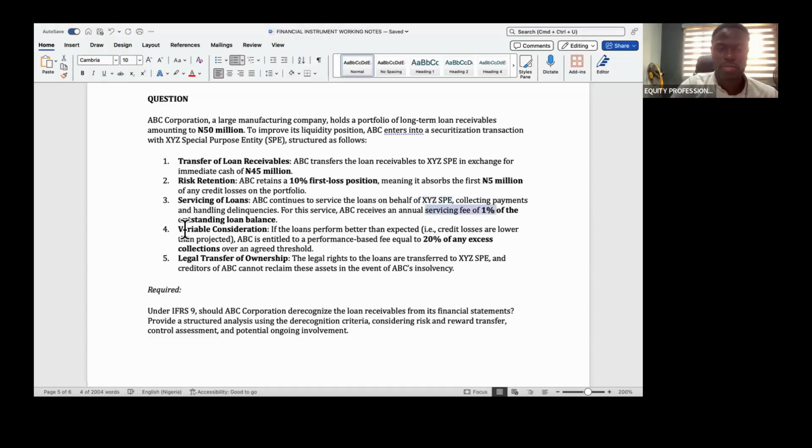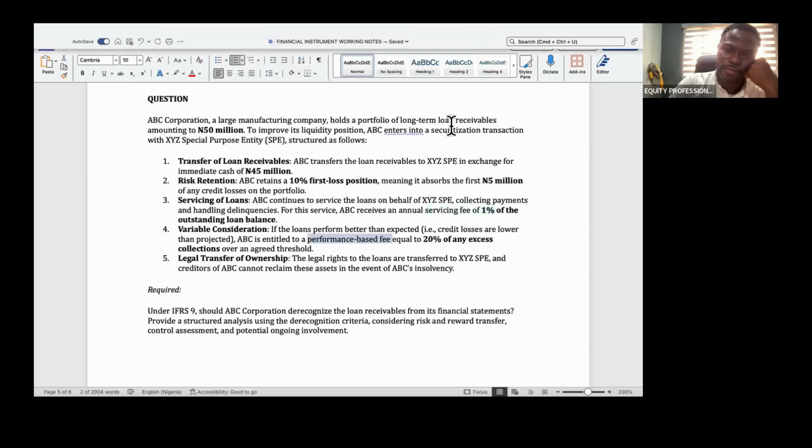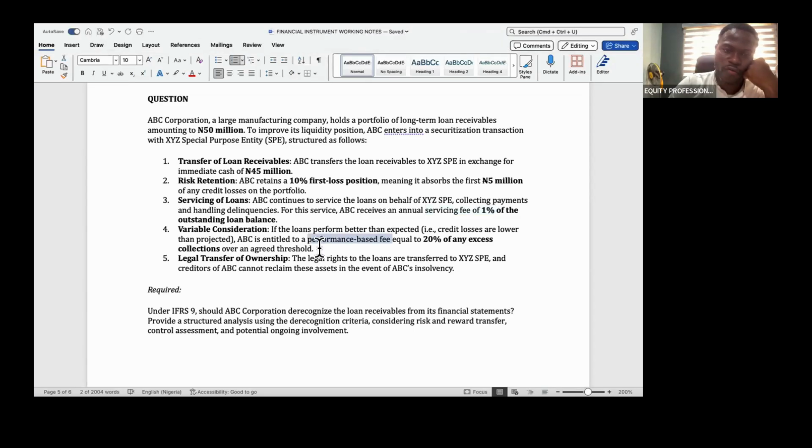Additionally, we have variable consideration, saying that if the loans perform better than expected, that is, credit losses are lower than projected, ABC is entitled to a performance-based fee equal to 20% of any excess collections over an agreed threshold.